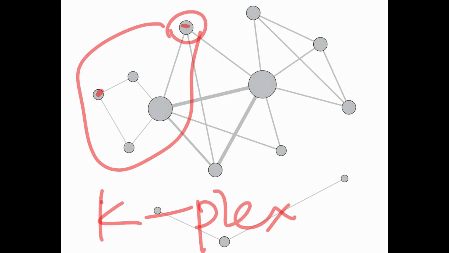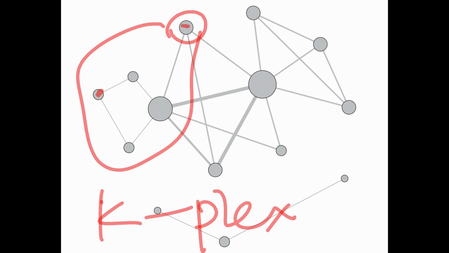And the k-plex is a concept built directly on the clique, or the default definition of cliques. However, it adds an additional characteristic. In the very strict definition of a clique, everybody needs to be connected.